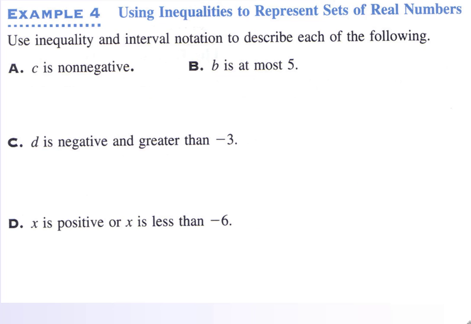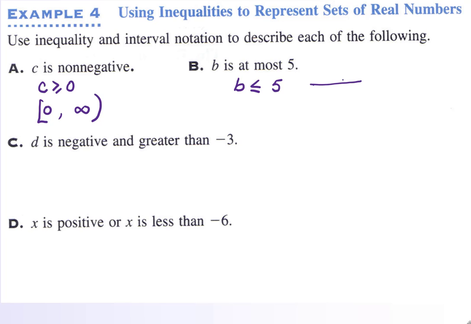We're going to use inequality and interval notation to describe each of the following. Non-negative means that the number is greater than or equal to 0. C is greater than or equal to 0, which means C is in the interval open bracket 0, comma, positive infinity, close parenthesis.